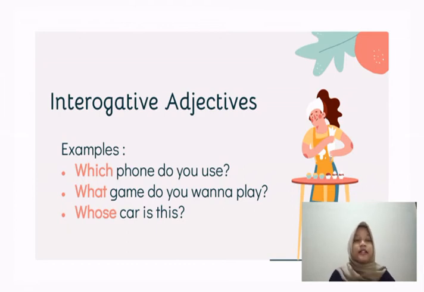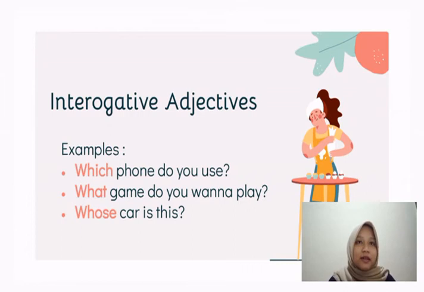Like the first example we have, which font do you use? And the interrogative adjective here is which. After the word which, it is followed by the word font as a noun. And the second one is, what game do you want to play?